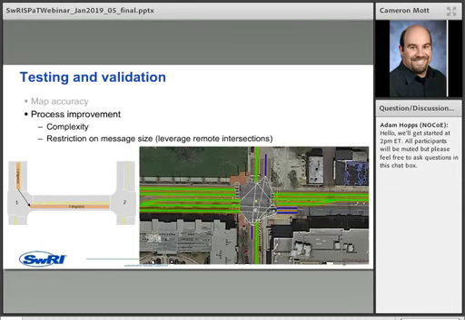We've also run into that restriction on message size. I'm sure many of you are familiar with this. And we've come up with some possible options on how to utilize some of the existing capabilities to reduce them, both in terms of reducing complexity, as well as being able to leverage some of the built-in mechanisms, such as remote intersection definitions.